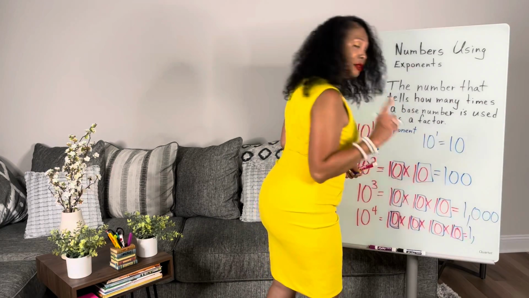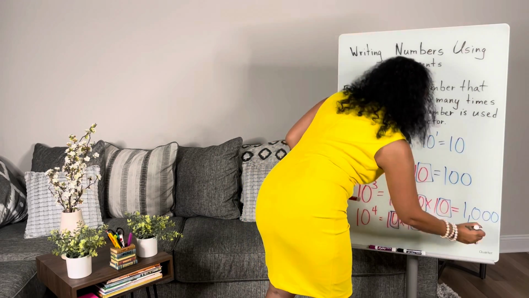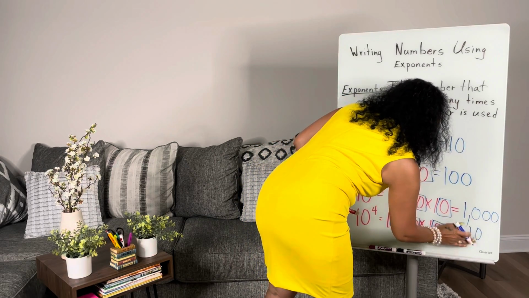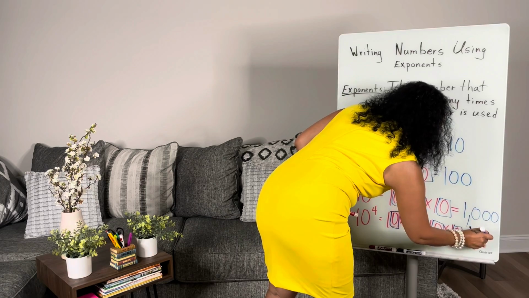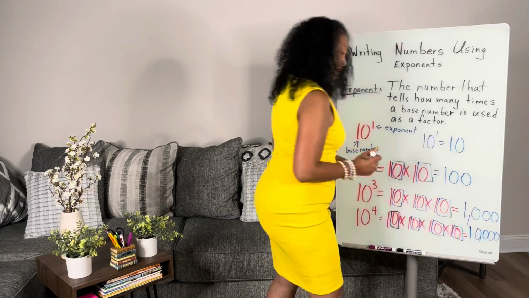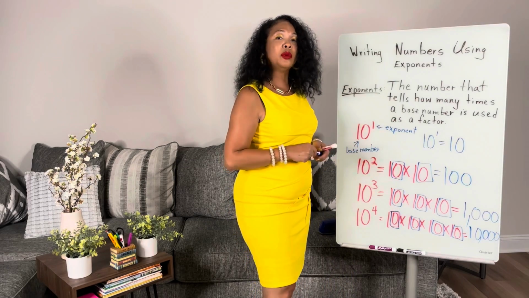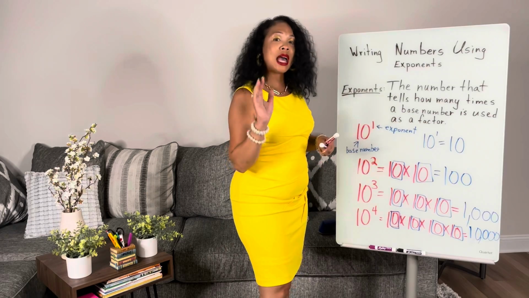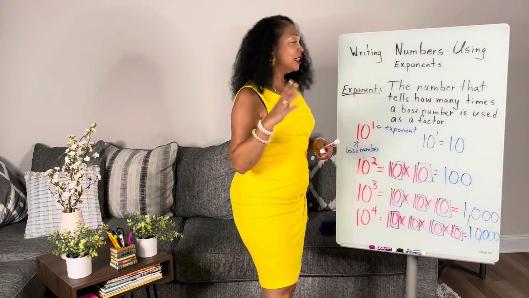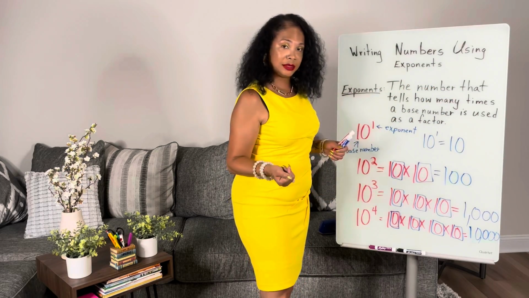And how many zeros did we box up? 1, 2, 3, 4. So 10 to the 4th power equals 10,000. And that's how we write numbers using exponents.